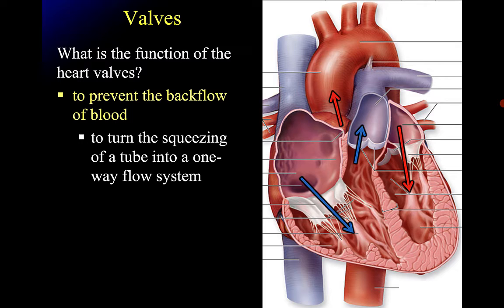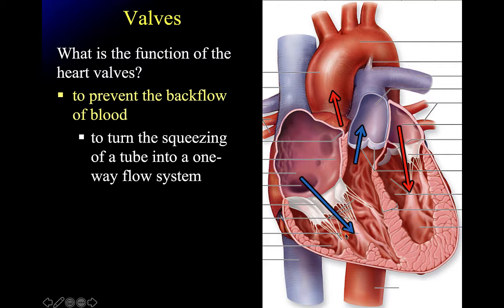And if we think about how this works, even the simplest hearts, even something like an earthworm, would have to have some capacity for valves so that when there is a squeeze on the vessel, the blood goes in one direction, not in both directions, as if you were to grab something like a garden hose and give that a squeeze.